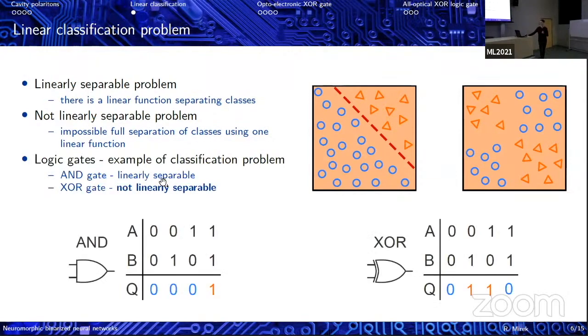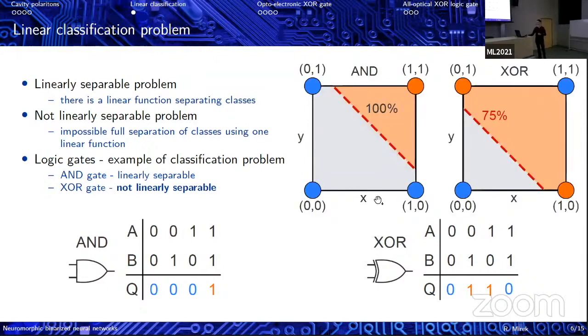The logic gates are examples of classification problems. For example, the AND gate is a linearly separable problem, but the XOR gate is not. And we will focus today mostly on the XOR gate.